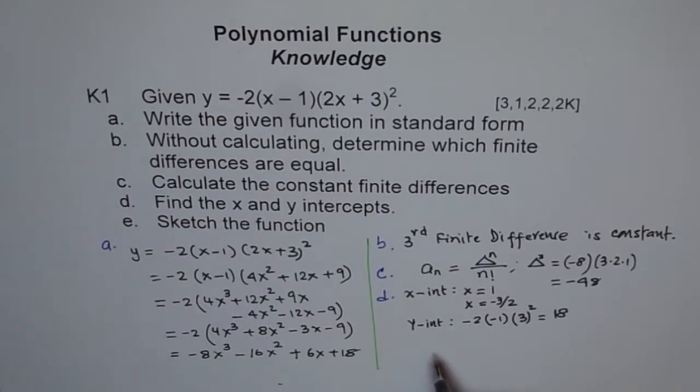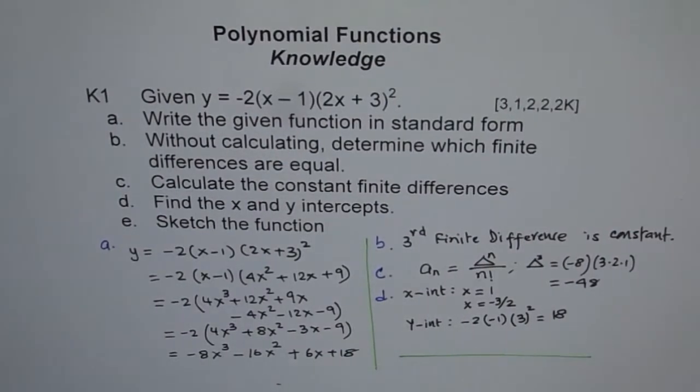Sketch the function. So I have very limited space. I'll just sketch it here, squeeze it in, right? Now, we have zeros at plus 1 and minus 3 over 2. Let's say this is my plus 1, 0.